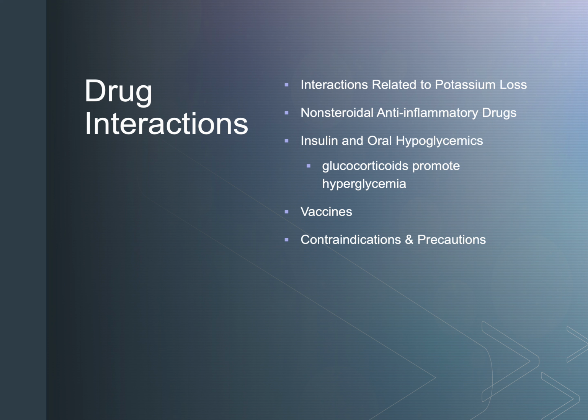So any of those type of patient profiles, you might want to consider another alternative if another alternative is available. And again, just reiterating, the drugs that promote potassium depletion, you don't want to give those drugs along with glucocorticoid steroids.